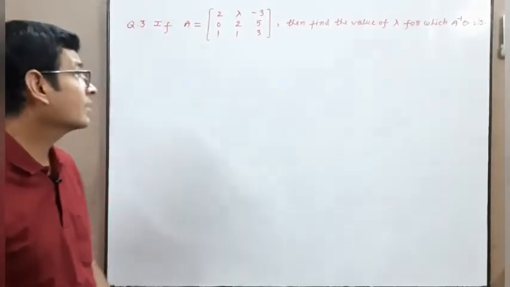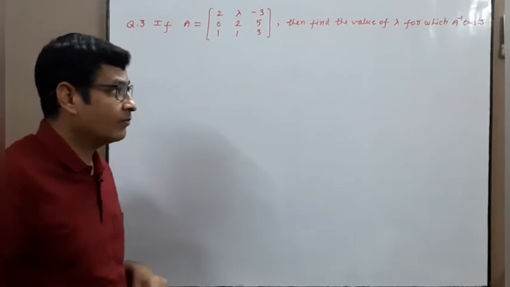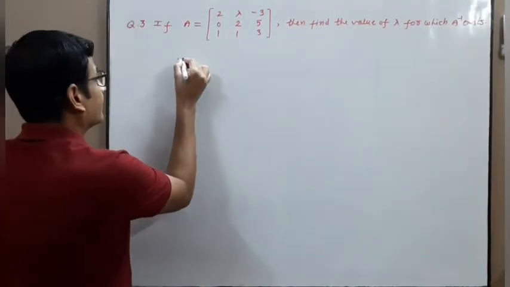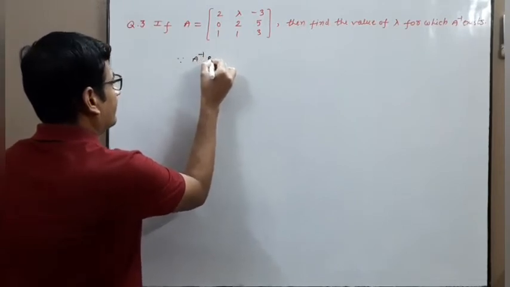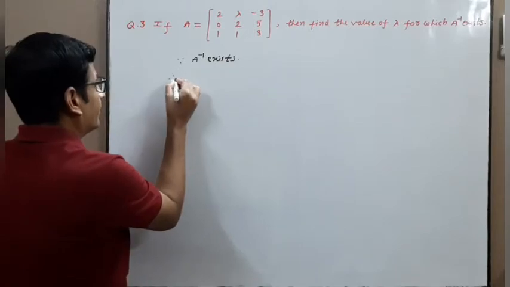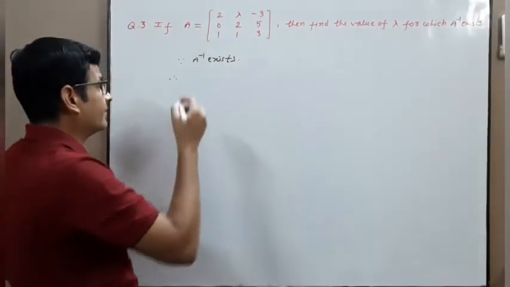Next problem. If A equal to this, then find the value of lambda for which A inverse exists. Since A inverse exists, therefore A is non-singular matrix.